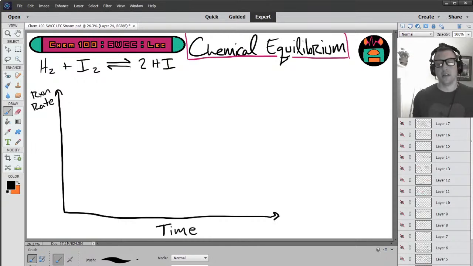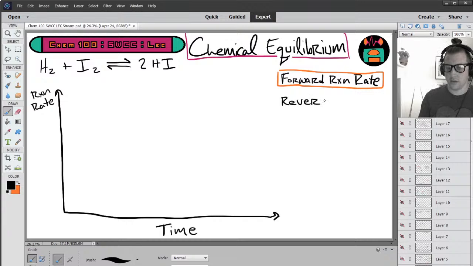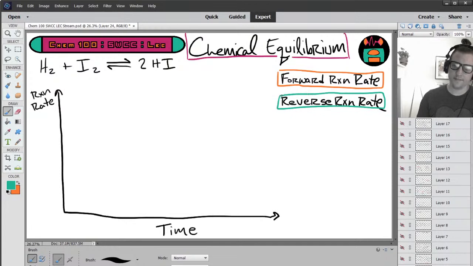All right, and the forward reaction rates I'm going to color orange, and the reverse reaction rates I'm going to color green.